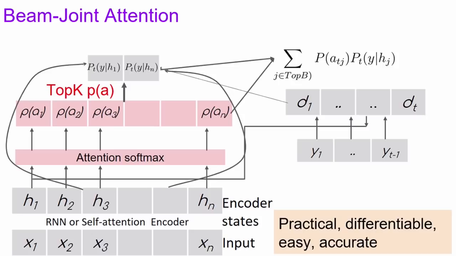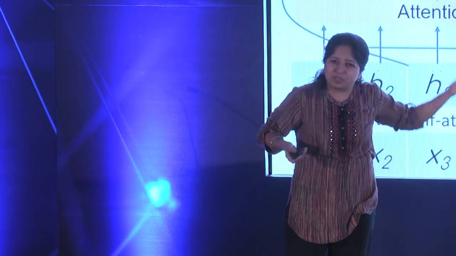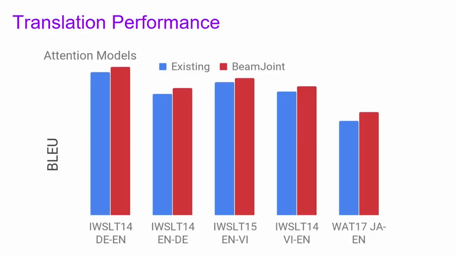So this is practical, and it's end-to-end trainable. It's not strictly differentiable because of the top k, but it works in the same way that ReLU works. It's easy and it gives us decent accuracy.